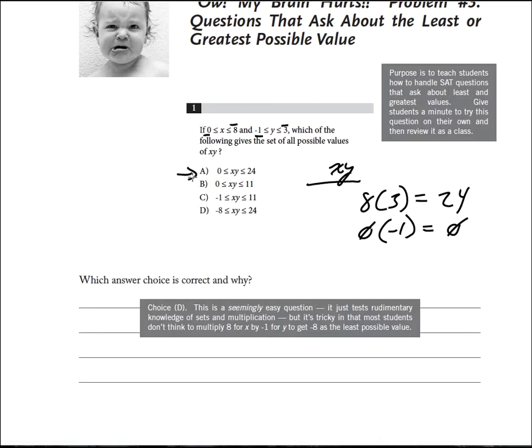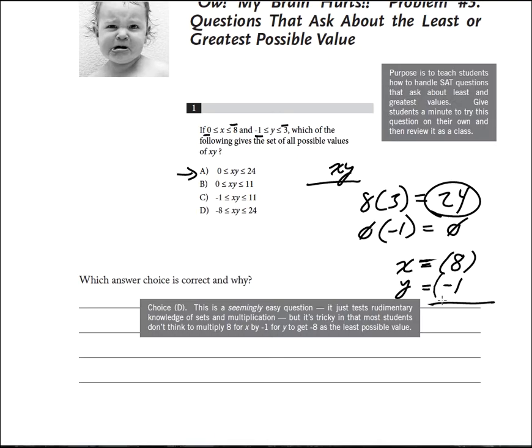Well, here's the thing. Remember, the SAT can be a pretty tricky test, right? It's not that easy. So here's the deal. You're right that the very largest xy can be is 24. But what if ironically, by picking the very largest value that x can be, 8, and the smallest value that y can be, -1, I actually come up with a value that's even less than 0, right?